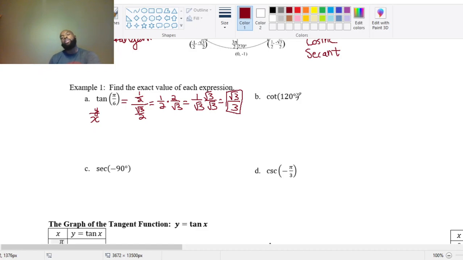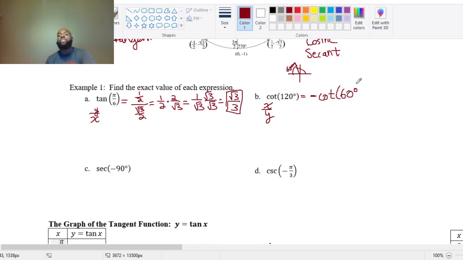Cotangent of 120 degrees. This cotangent is x over y. That's the ratio I'm going to have to remember. But this angle is in the second quadrant. Its reference angle is how much it needs to get to 180, which is 60 degrees. And so cotangent in the second quadrant is negative. It has a reference angle of 60 degrees.